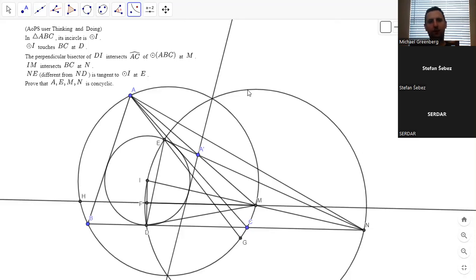Well, because the circumcircle passes through the center of the circle, so it's going to invert to a line. Interesting.